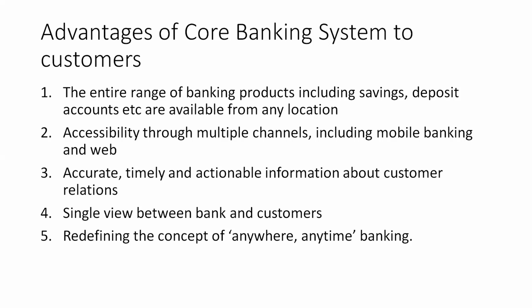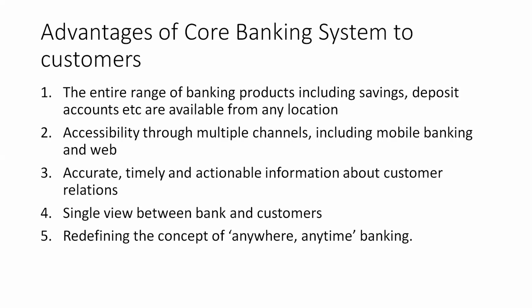The next one is accurate, timely, and actionable information about the customer relations. Accurate and timely information about the customer can be easily brought in. Suppose, for example, you want to remind the customer that his withdrawal is below the limit, it can be easily communicated through SMS or emails, because the banker can get the information about the customer at a fingertip, and automatically it is involved.